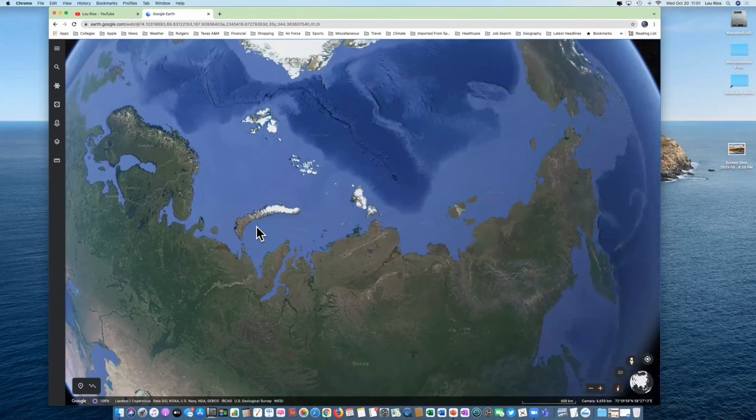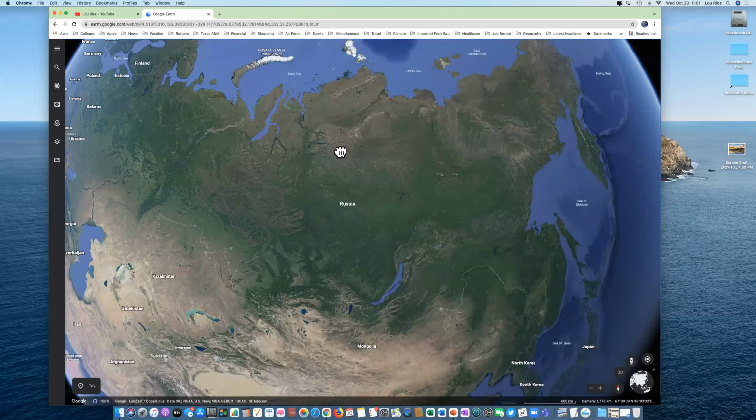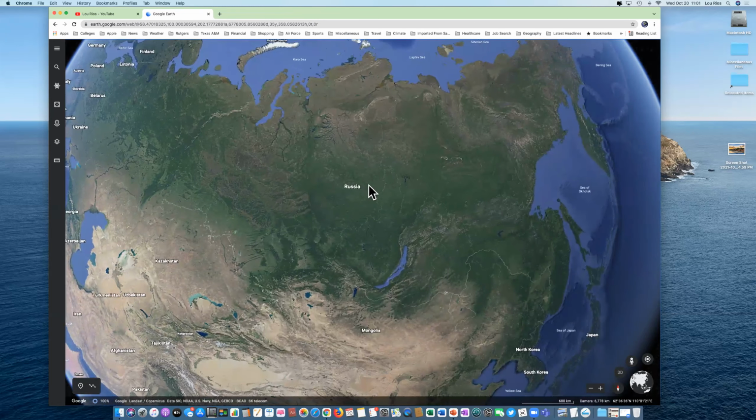Now, if you look at it from the climate perspective, the shoreline is tundra, so there are no trees. And then suddenly, as you head further south, you run into what is called either the taiga, the boreal forest, the snow forest. It is the biggest collection of pine trees on Earth.